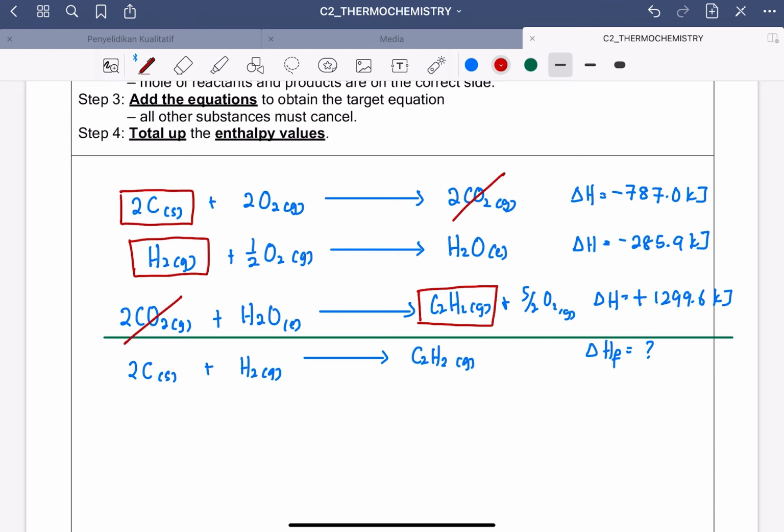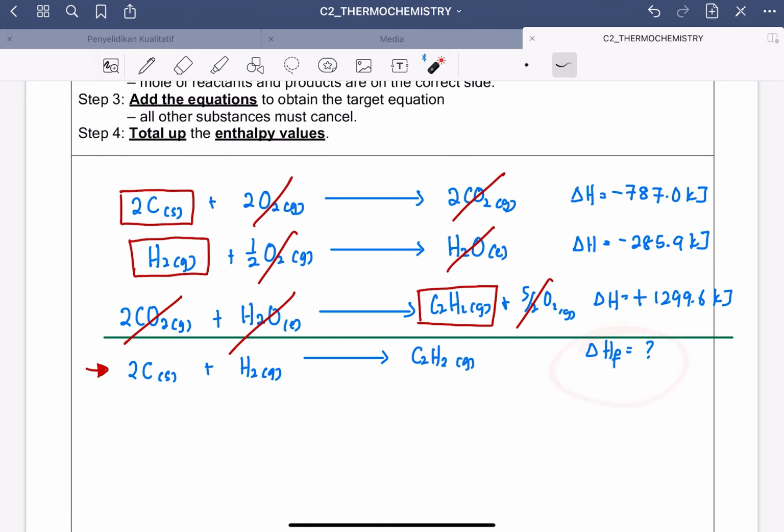Pop, pop. Same goes to the H2O, we can cancel it. Now, we have oxygen at the same side, so we have to sum both of them, which is 1/2 plus 2, equivalent to 5/2. So just cancel this and cancel this. And the rest that we are not cancelling, bring it down to get this.